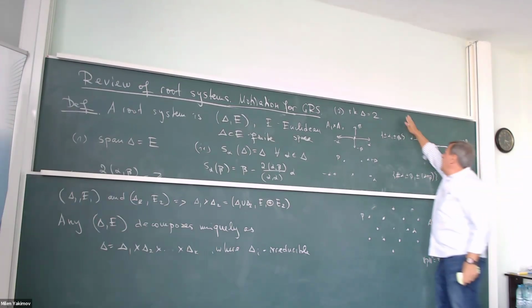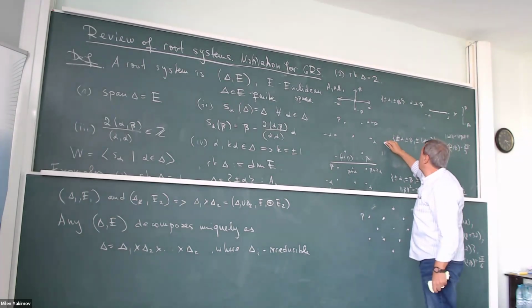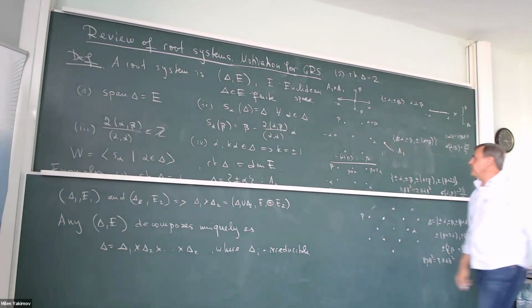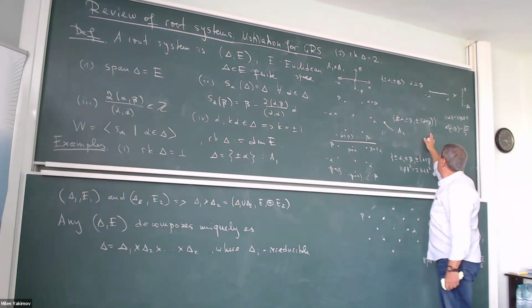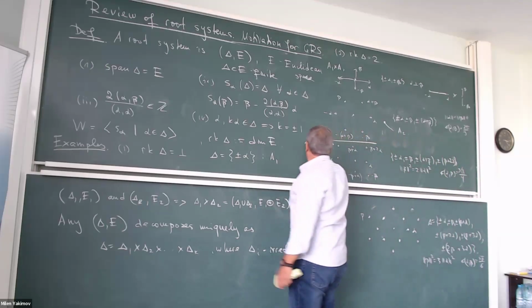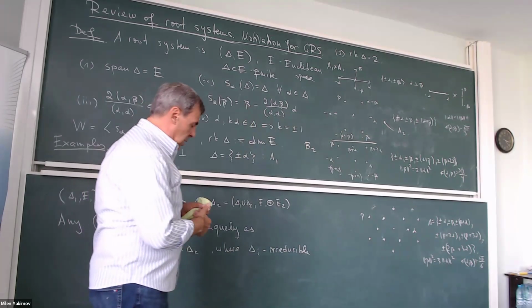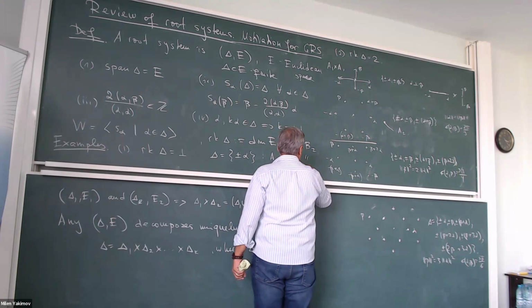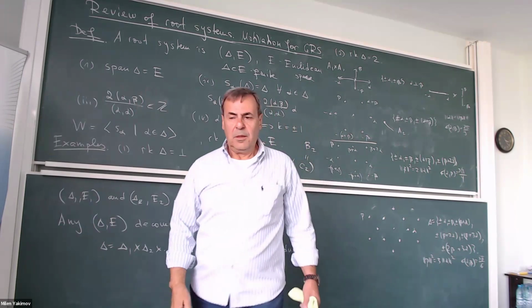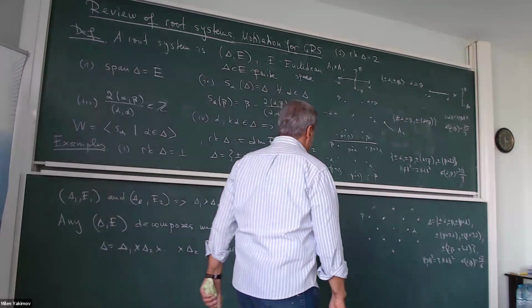Then the next one here is called A2. This one is called B2. And if you are curious, you may think of it also as C2, there is more.